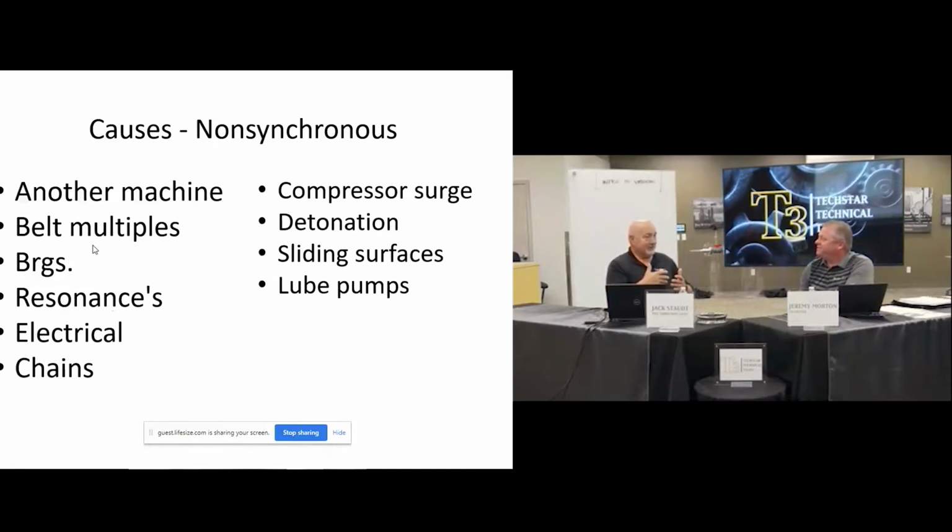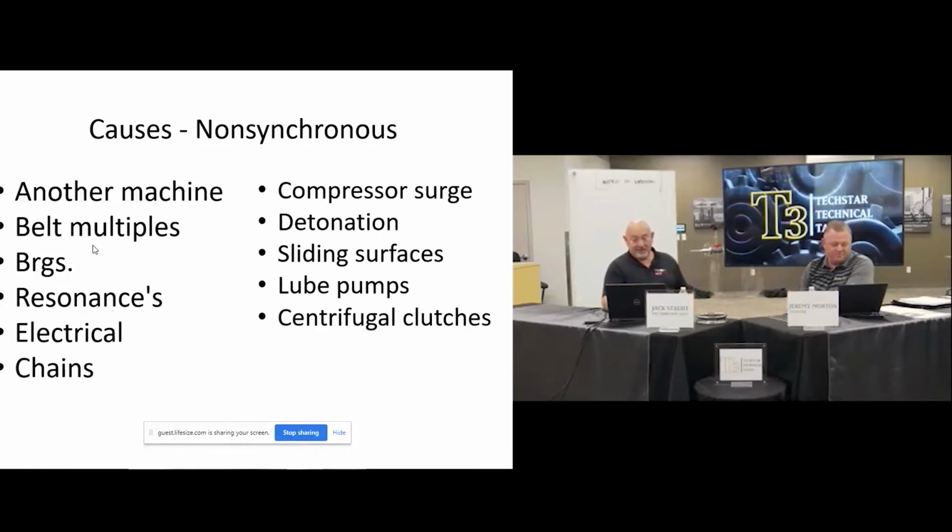Oh, really? Or it might be 13.5 times running speed, but it's always like a half order off of what turning speed actually is. That's just from years of seeing it. Yeah.